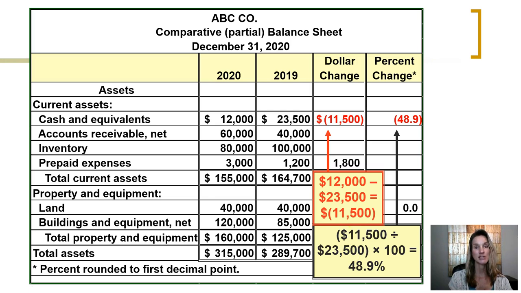The base year is the first year presented. So here we are seeing the first year presented is in 2019. So that year becomes the base year. 11,500 divided by the base year of 23,500 multiplied by 100, the percent change is 48.9%.